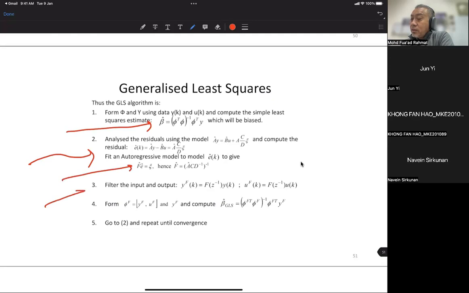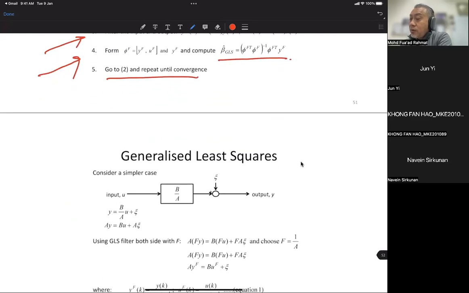Then you filter the input and output, form the least square again, and do the computations again. It follows the simple least square, but we have to introduce a filter for both input and output, and then we repeat until it converges.